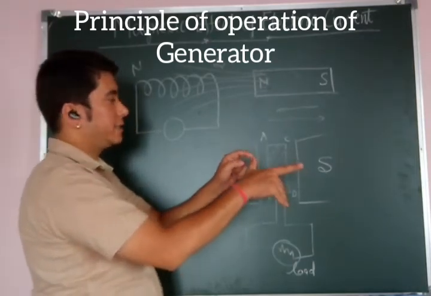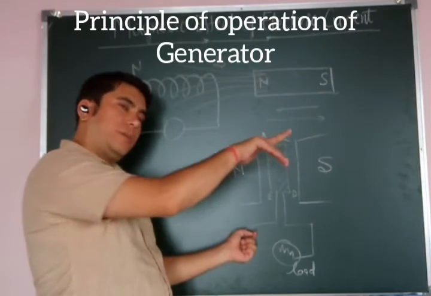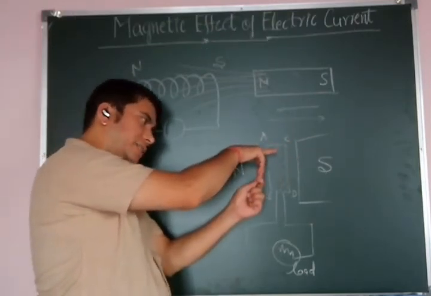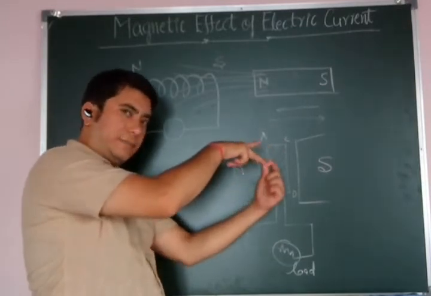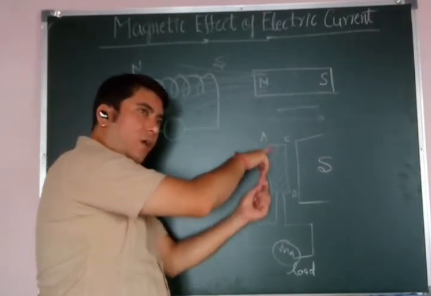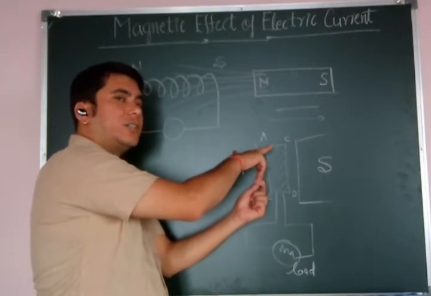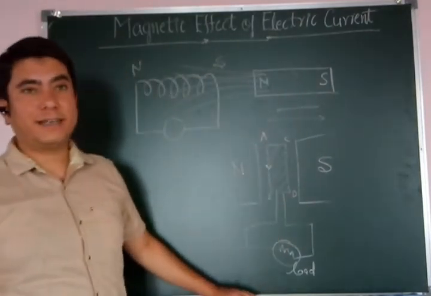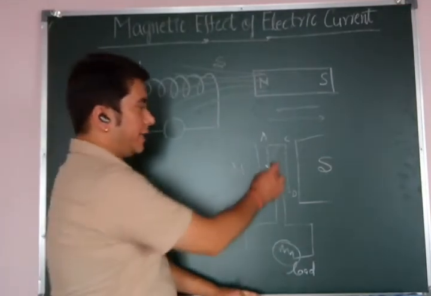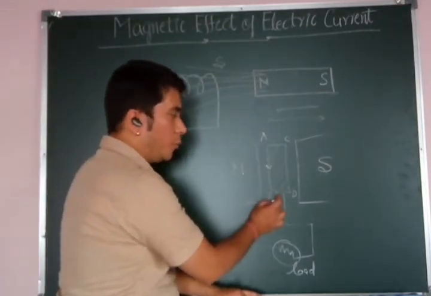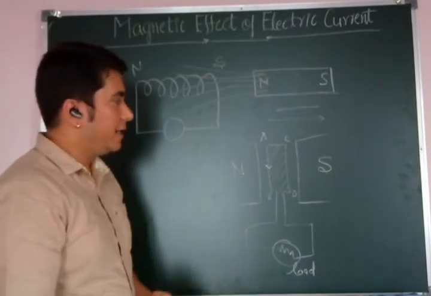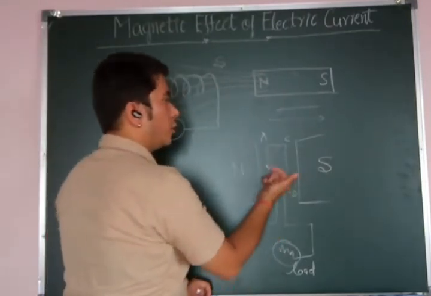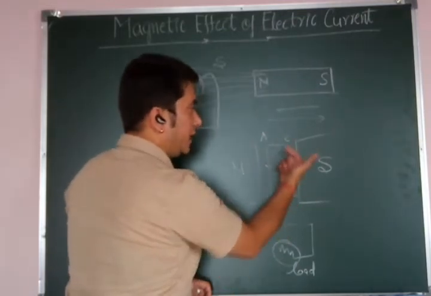So motion of the conductor is inward to the board, and this middle finger is going downwards. So what was the direction of the current here? Downwards. Is it clear? आसान है. Okay. So what will be the direction of the current? A to B.